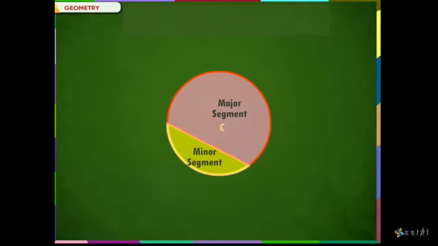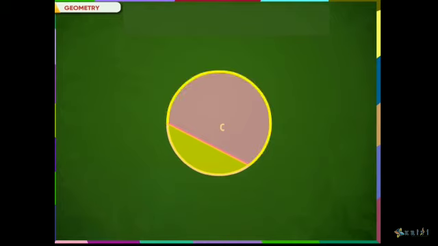So, a chord divides a circle into 2 parts, minor segment and major segment. A major segment is formed by the major arc and the chord, whereas a minor segment is formed by a minor arc and the chord.